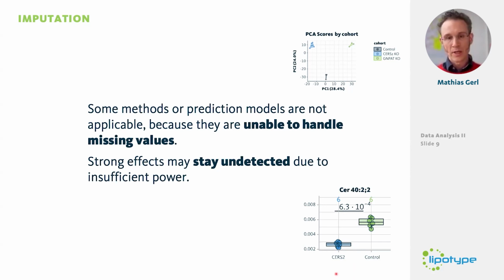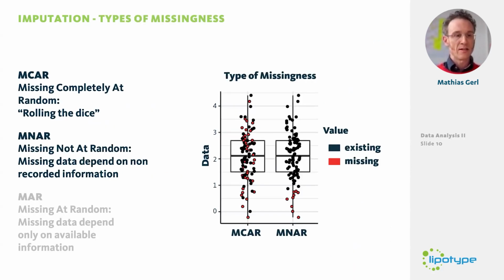that need you to impute. It is important to understand that there are different types of missingness. First of all, there is missing completely at random. This is the left case, and here a value is simply missing by chance. If it's up here or down here, you roll the dice and it's missing. Then there is missing not at random, and in our case that would be lipids that are missing, for example, because they're below the limit of detection. So down here, it's missing data that's not dependent on any information that you have.